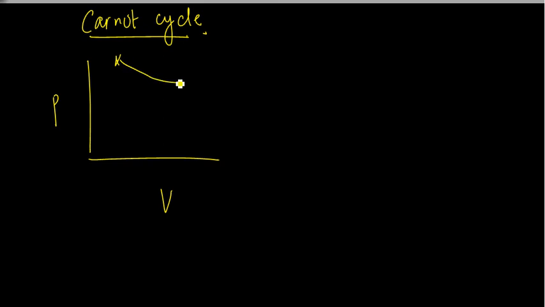So I come to another point. So this is isothermal, let's say temperature T1. Then I do an adiabatic expansion. We come to temperature T2.